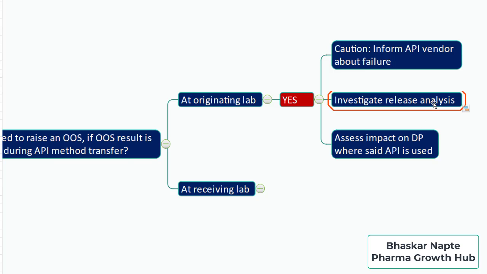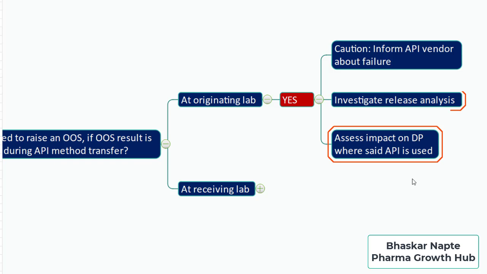Investigate the release analysis data. As this API lot was released earlier during its release analysis, it is very important for you to also look into the original, initial release analysis data.